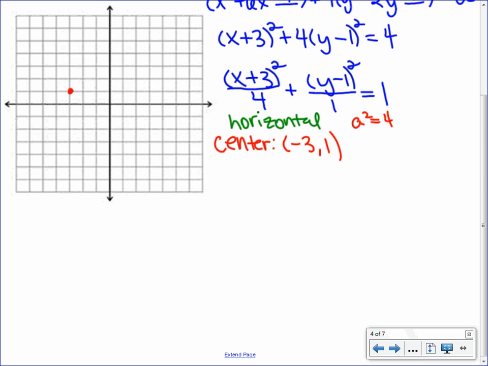So we're going to go horizontally 2 and 2. So our major vertices are at negative 1, 1 and negative 5, 1.